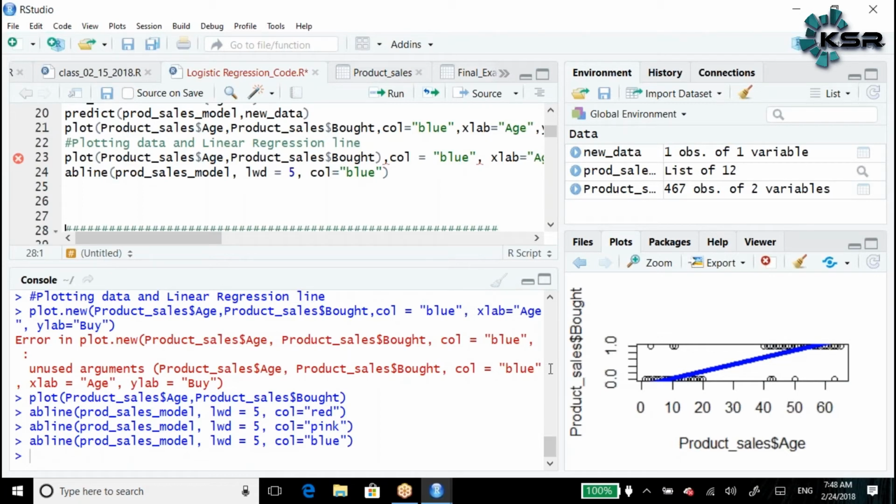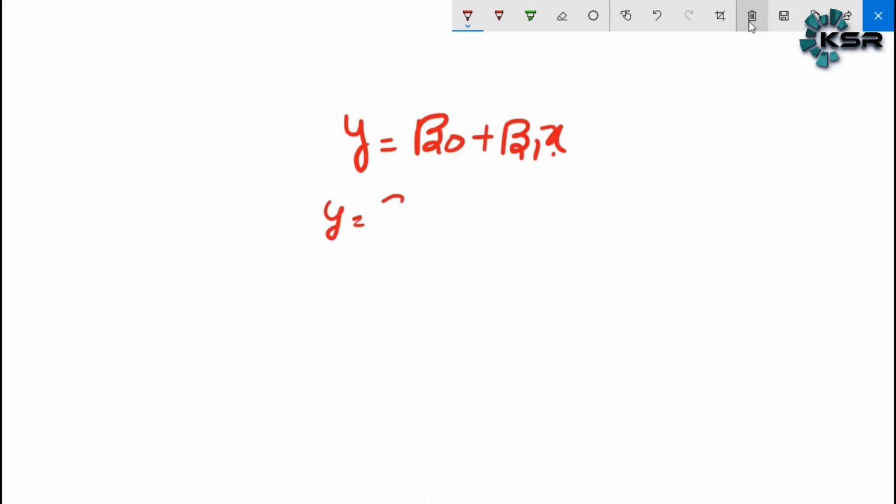Someone may ask this from an interview point of view. If we consider y equal to beta naught plus beta 1 x, where x is your independent variable and y is your dependent variable, here we are considering y as binary, 0 or 1. Let's consider y as 0, so beta naught plus beta 1 x equals 0.